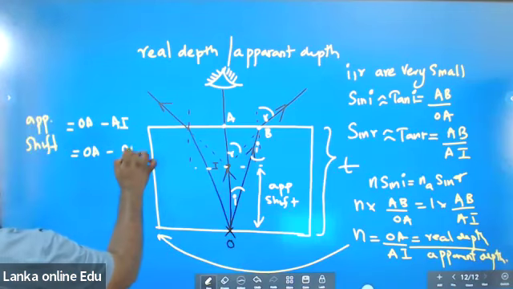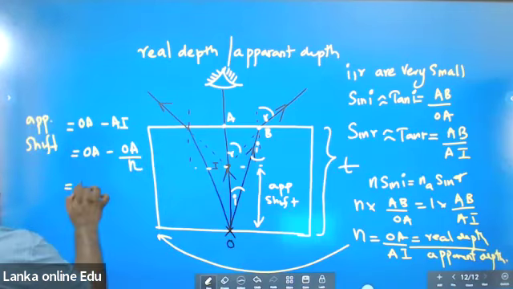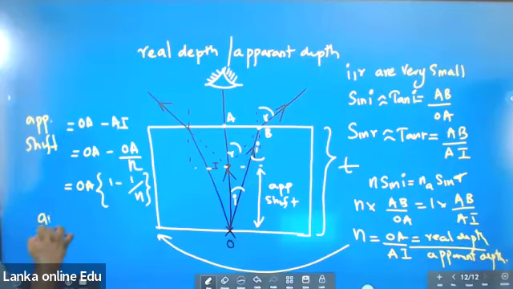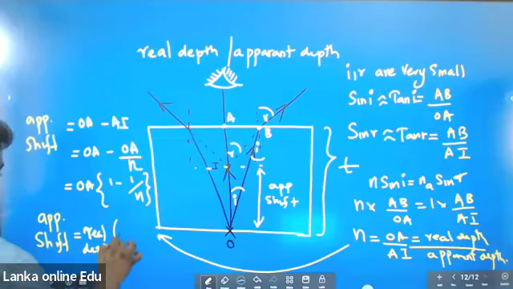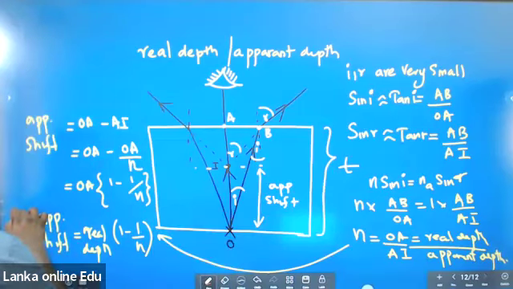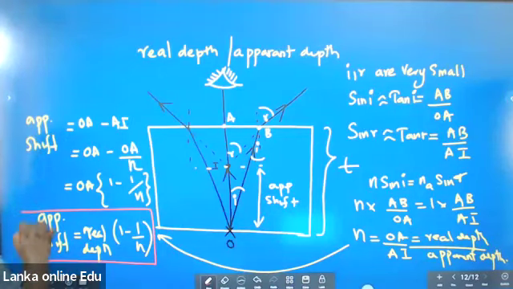AI is OA divided by n. Take OA out: 1 minus 1 over n. So you can write apparent shift is equal to real depth times 1 minus 1 over refractive index.